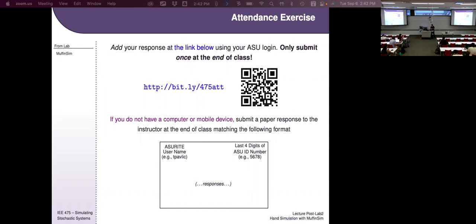So the last question for today is: what is the maximum number of arrivals that you will have in the future event list in your homework?